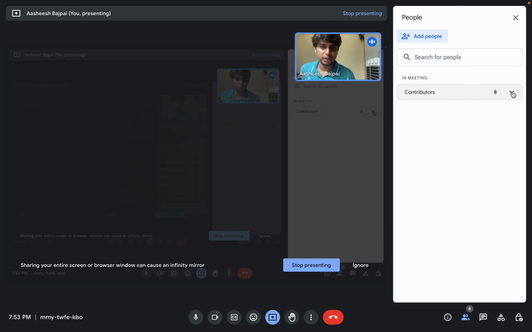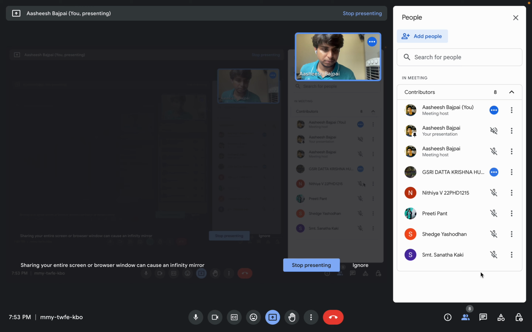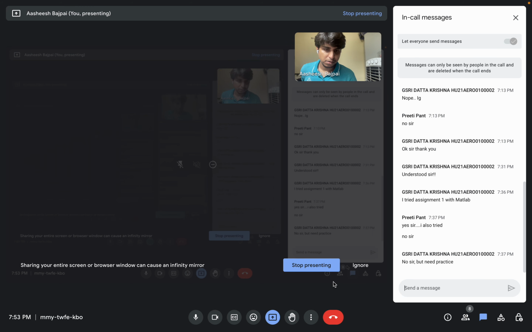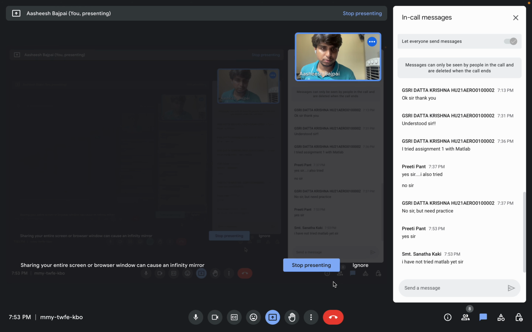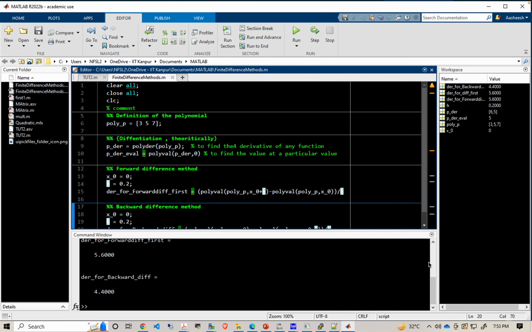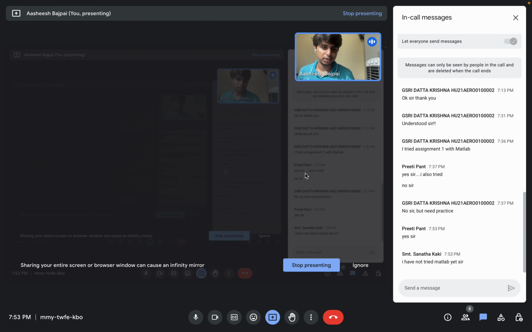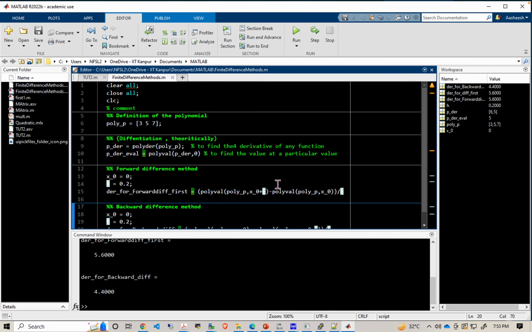How to do it in MATLAB, how to approach? You have not tried MATLAB yet, but right now I am showing you in front of you. You can just copy paste this code and start practicing it.